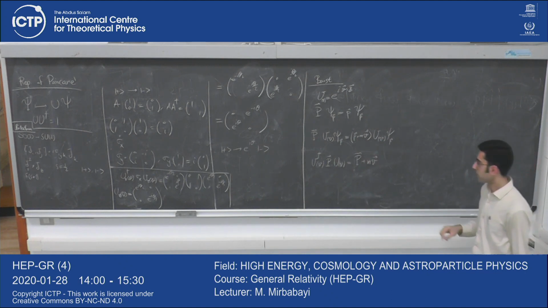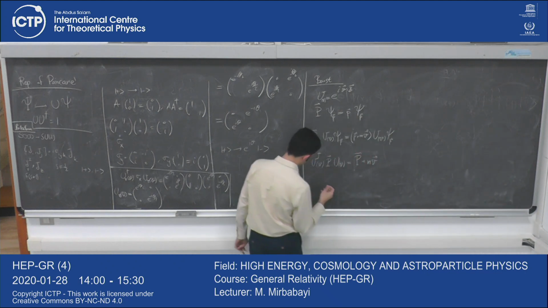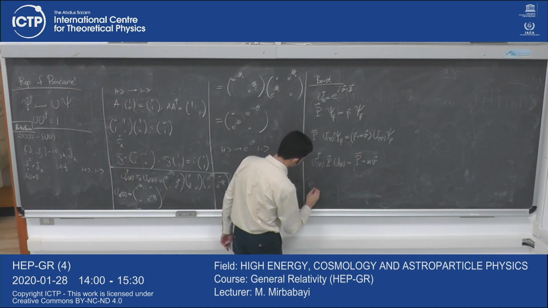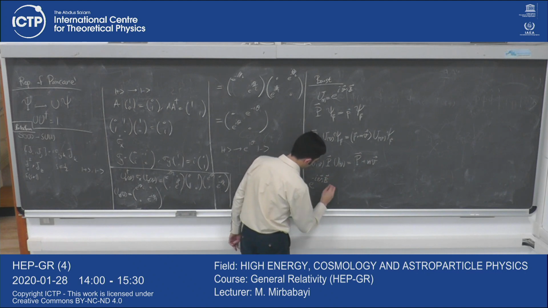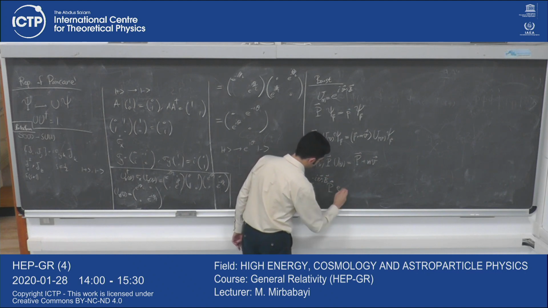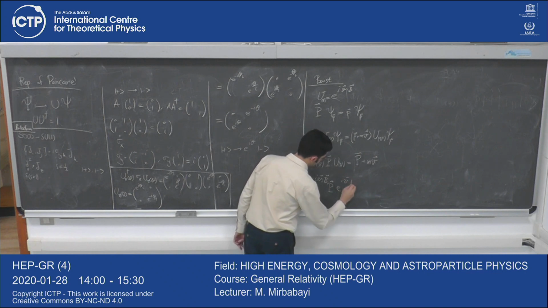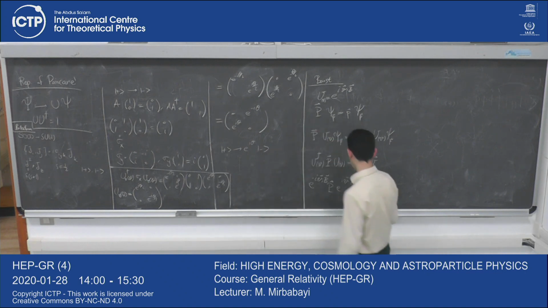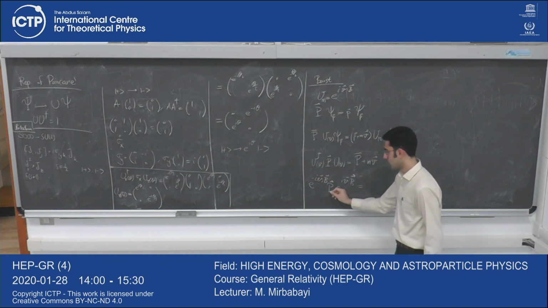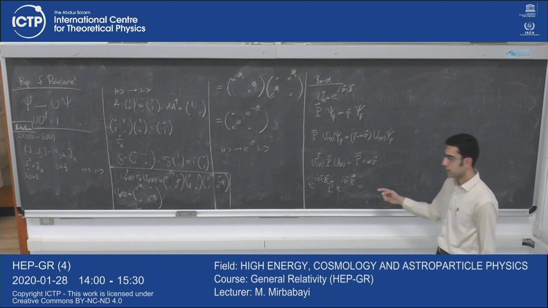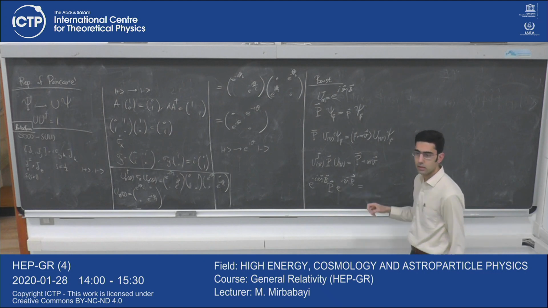If we write it explicitly, we want e to the minus i v dot B, P, e to the i v dot B to be equal to that. This expression we can expand in powers of v.